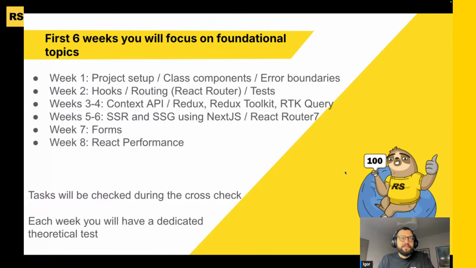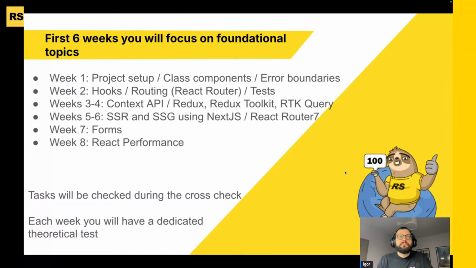Weeks 5 and 6 will be devoted to server-side rendering and server-side generation, using the example of Next.js, which is currently the de facto most used enterprise solution. But we would also like you to take a look at React Router 7, previously known as Remix, which also has both SSR and SSG capabilities.